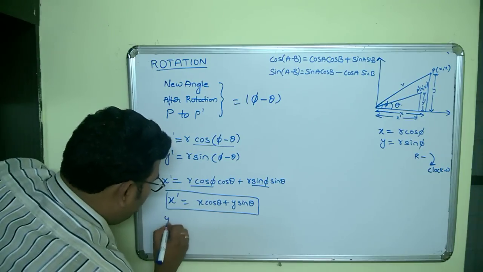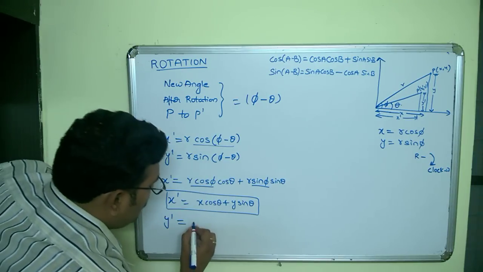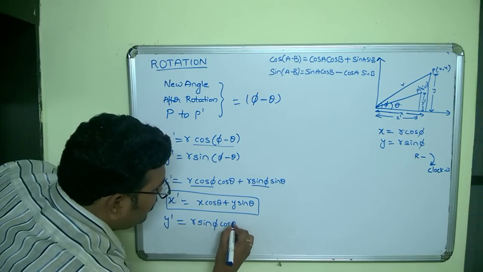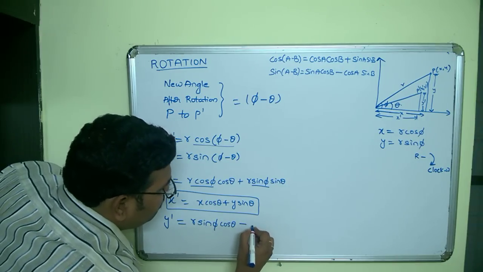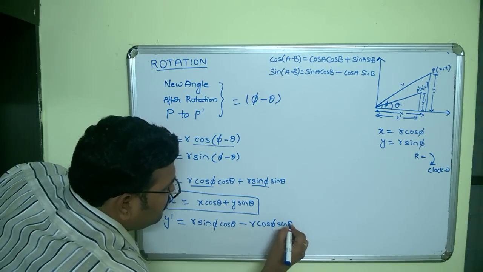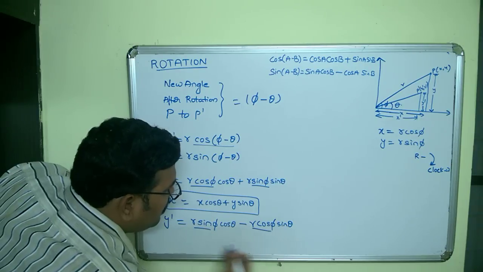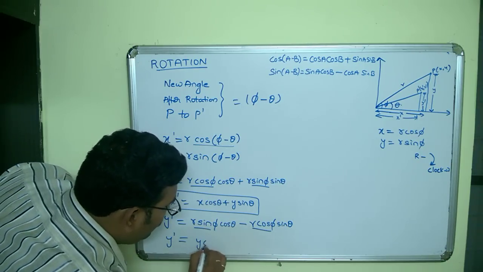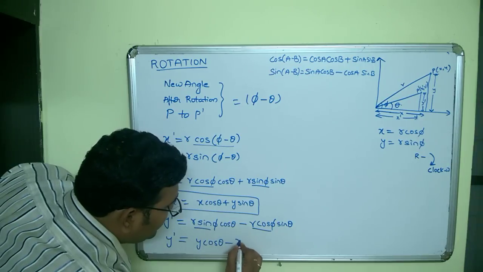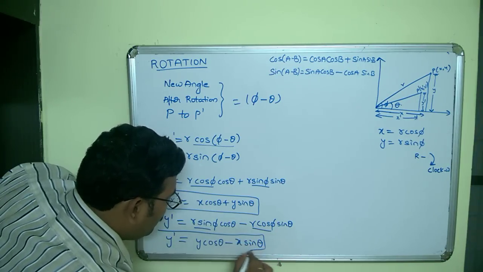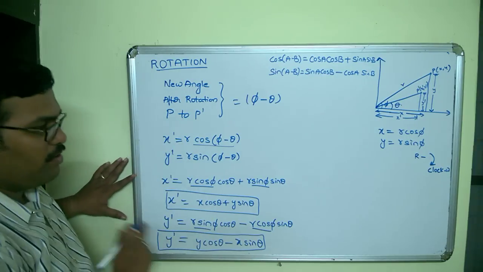Similarly, expanding, y' is equal to r sin phi cos theta minus r cos phi sin theta, so y' is equal to y cos theta minus x sin theta. This is the formula to find the new y coordinate.